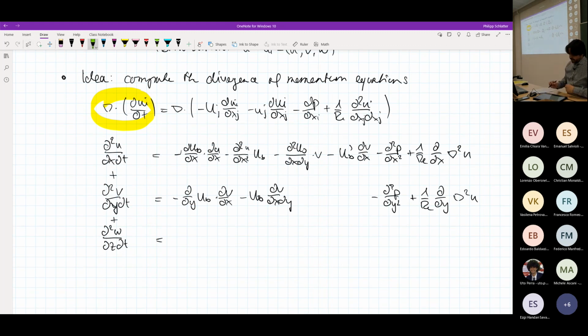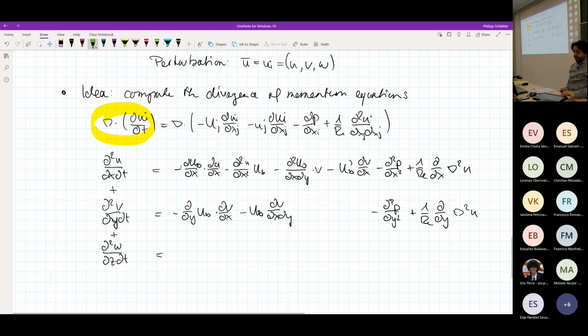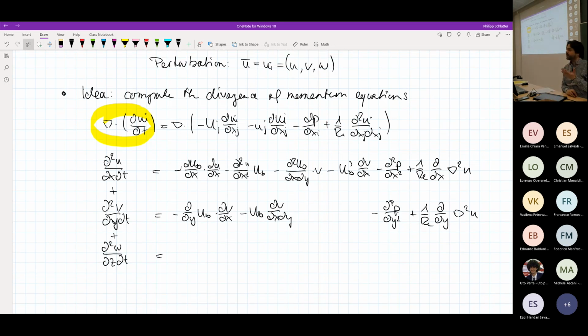Before I write the last term here, let's just see what actually remains, or which terms become zero, because most of these terms actually become zero because of exactly this idea of the divergence. I will directly realize that actually the viscous term is zero because I can directly take in the derivative into the Laplace operator, and then I'm adding all of them, and so in the end it will be zero.